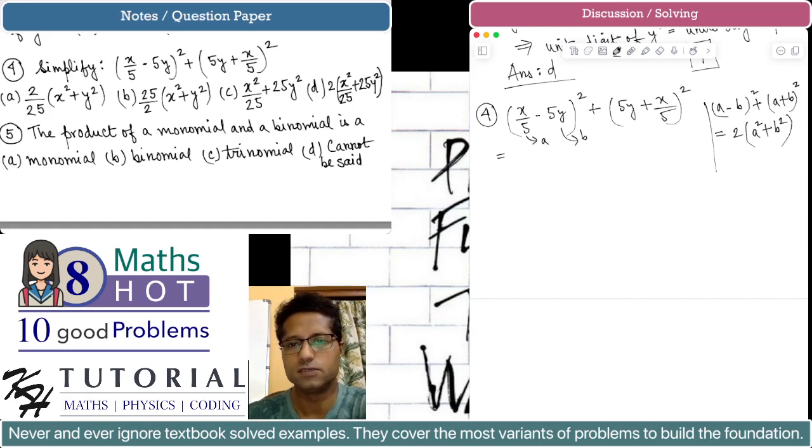So we will have this equal to 2 into x by 5 square plus 5y square.